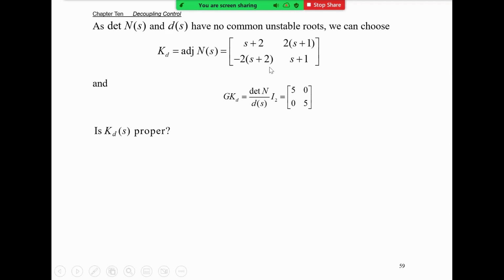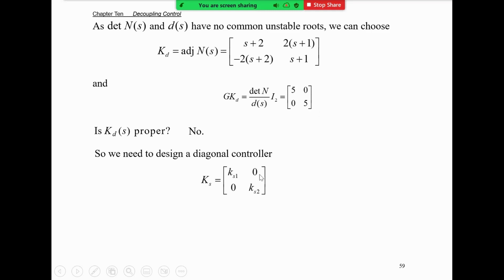Of course, there is a problem, right? Is KD proper? Of course, KD is not proper. So that's why we need to design the KS stabilizer and also make it proper. So we need to design a diagonal controller. Remember, the system is already decoupled, but I want to design another stabilizer.